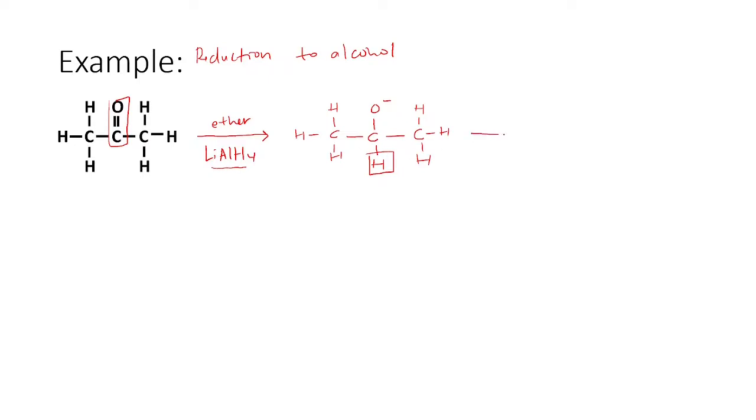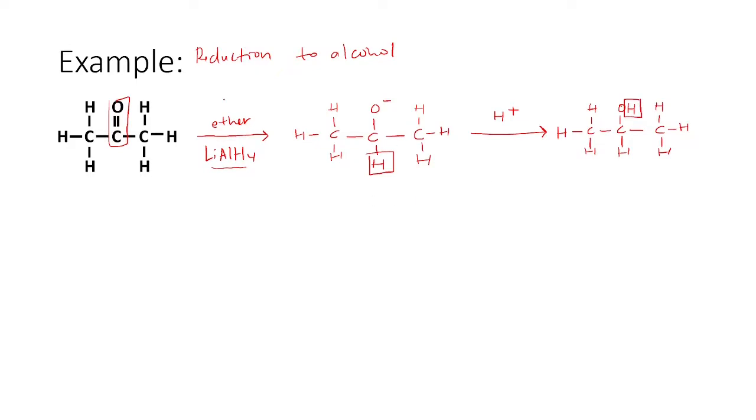So further reaction with dilute acid. So you will get C, H, C, O, H, C, H. So this is the second hydrogen that is being added.